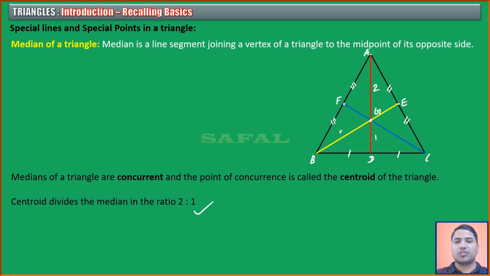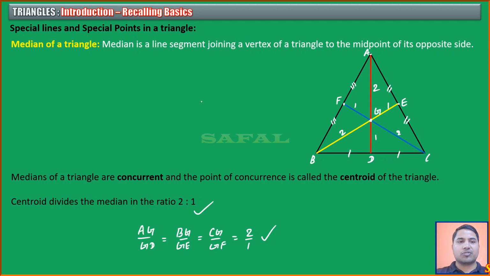Similarly, BG is 2 parts and GE is 1 part. CG is 2 parts, so FG is what? 1 part. That means AG by GD, BG by GE and CG by GF, this ratio is 2:1. It's a very important property you need to keep in mind.